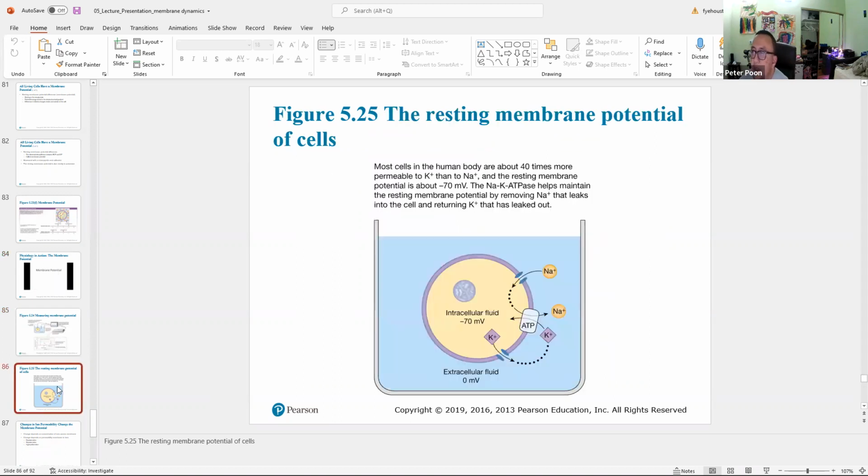So that's the resting membrane potential of the cell. The resting membrane potential is mostly, but not completely, controlled by the sodium potassium pump.